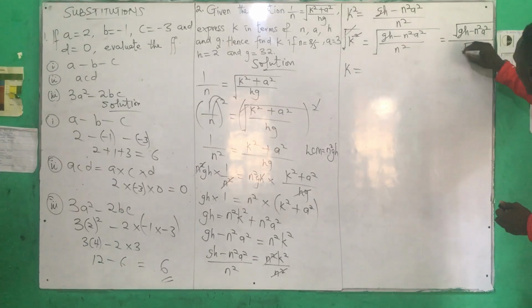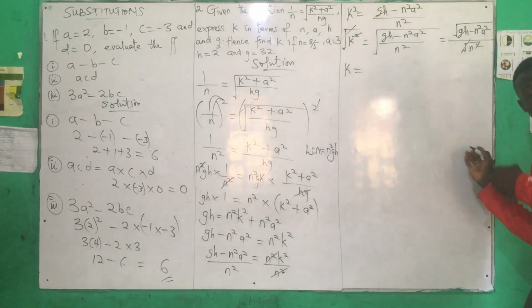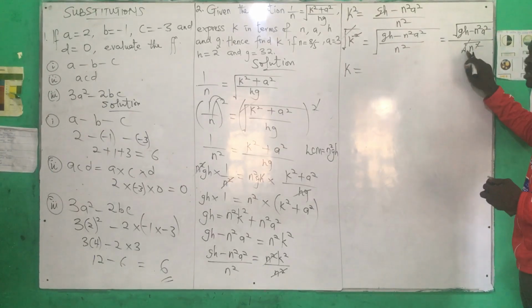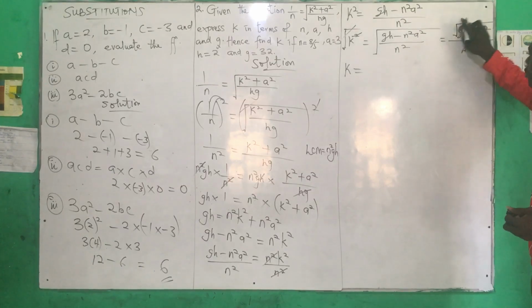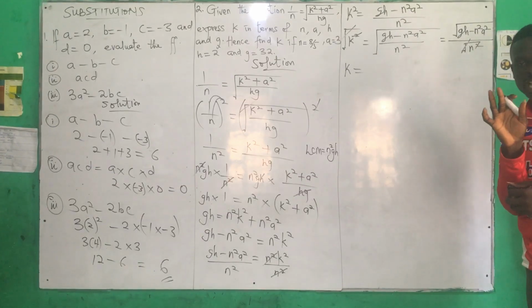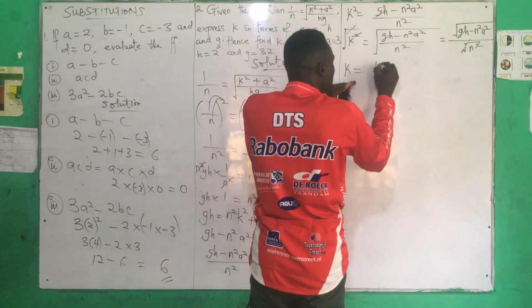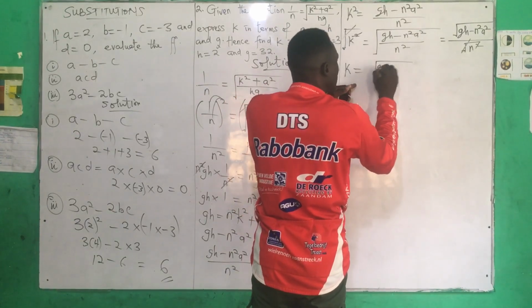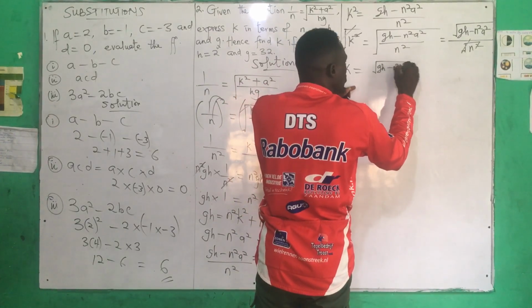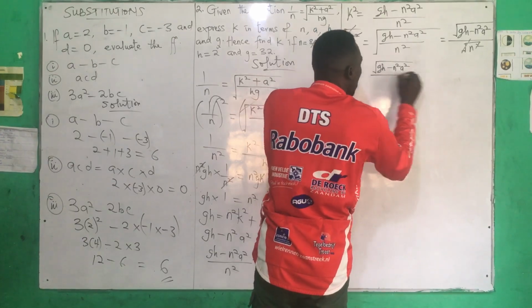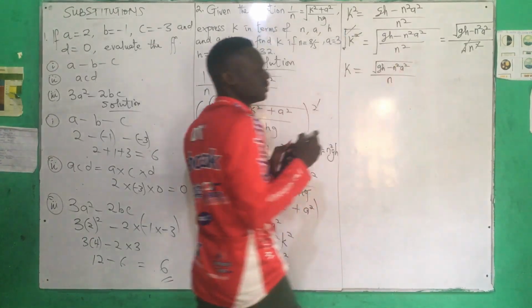So the square on the n will cancel this, but the square here cannot cancel the square root. Take note of that. So we are now going to get our k to be the square root of gh minus n squared a squared all over n.